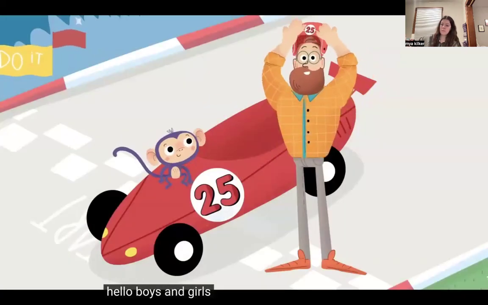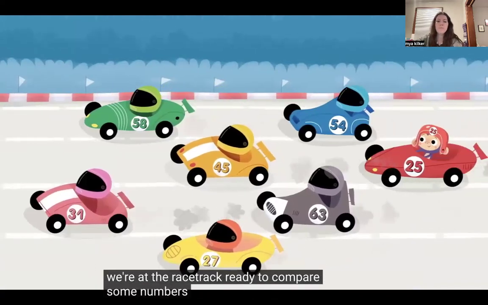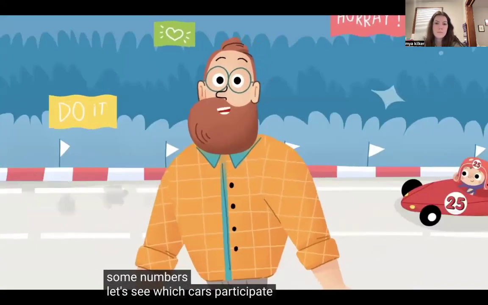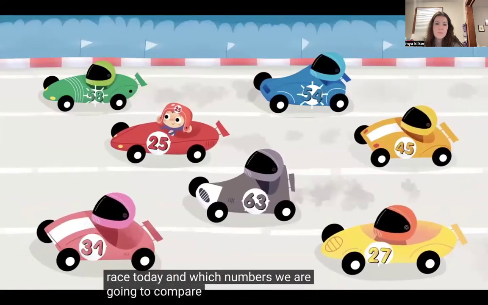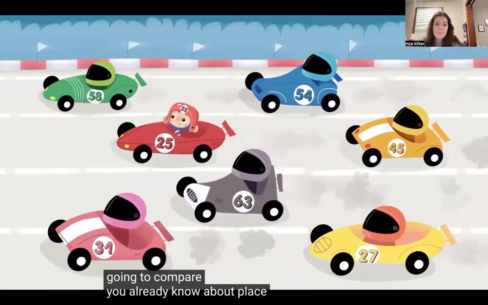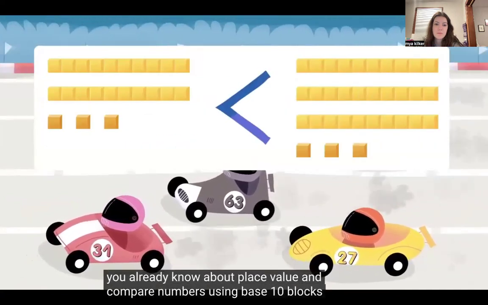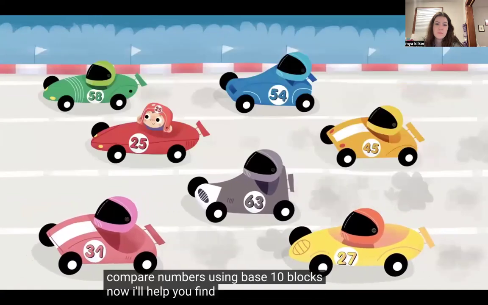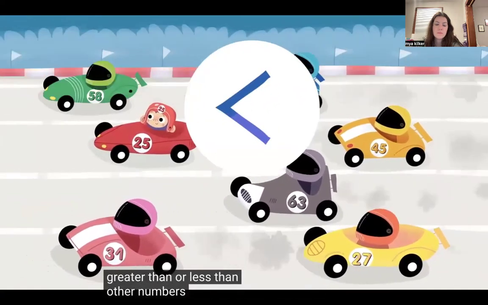Hello, boys and girls. We are at the racetrack, ready to compare some numbers. Let's see which cars participate in the race today and which numbers we are going to compare. You already know about place value and can compare numbers using base 10 blocks. Now, I'll help you find numbers that are greater than or less than other numbers.